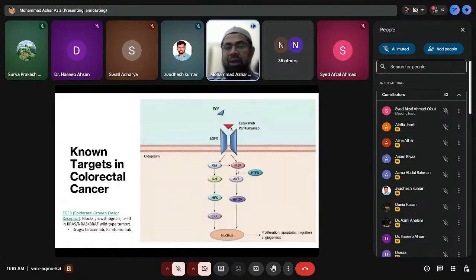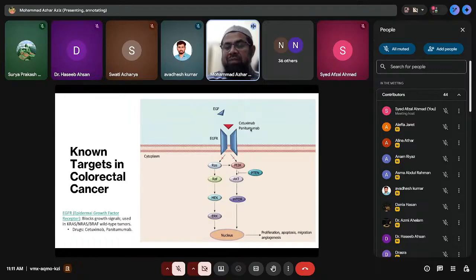Usually the ligand, epidermal growth factor, binds to this receptor, and the cell starts to grow. If we are able to block this, we hope the cells will stop growing and the tumor will be cured. For that, there are two antibodies, cetuximab and panitumumab.